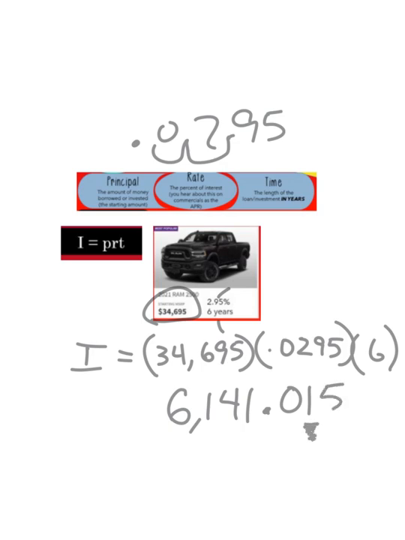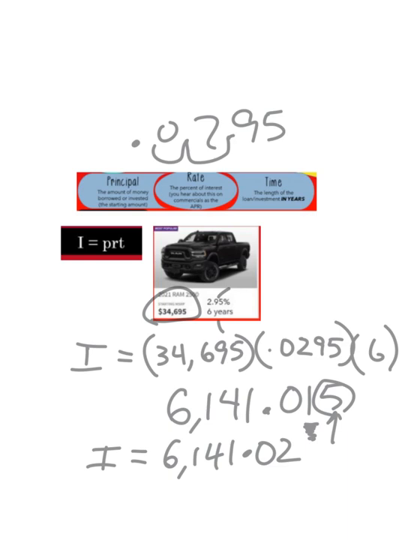We only have 100 pennies in our money system, so we have to figure out if it's going to be 1 cent or 2 cents. Since 5 is 5 or larger, we're going to round that up. 6,141.02 in interest.